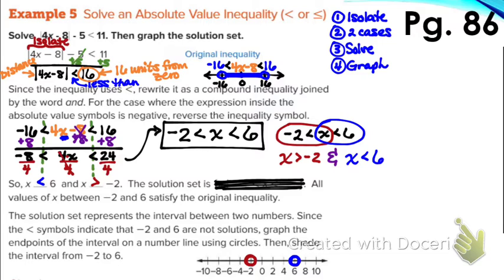I want to make sure that I'm shading all the things that are bigger than negative 2, but at the same time, they are smaller than 6. So I'm going to shade in between these two values. And now we're going to write our interval notation.